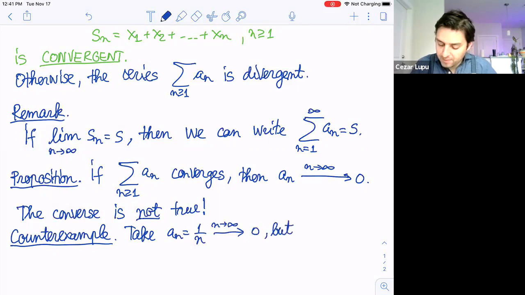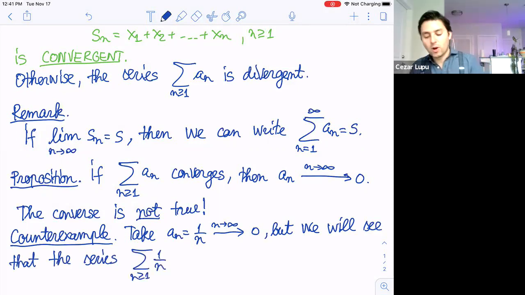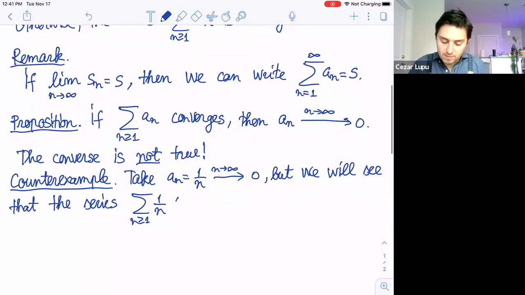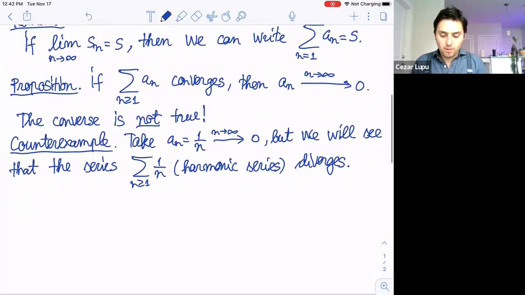But we will see that the series, the sum of 1 over n, which we will call the harmonic series, diverges. Okay. So keep this in mind. This is very important. In fact, let me bold this.